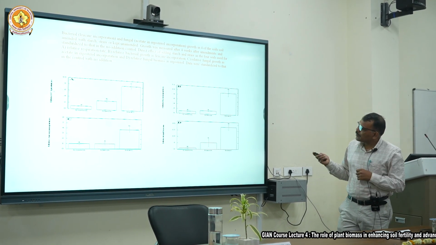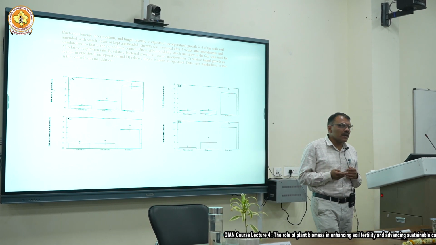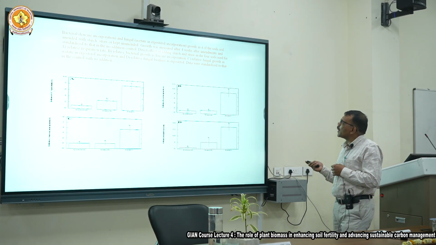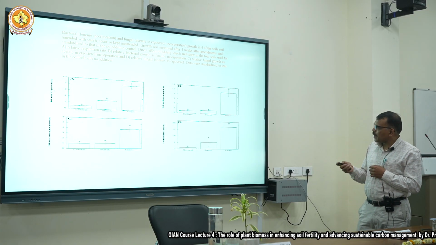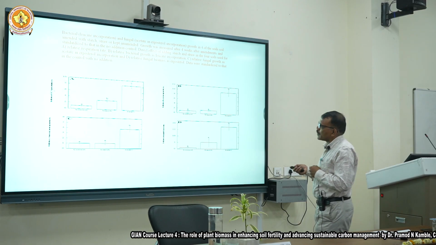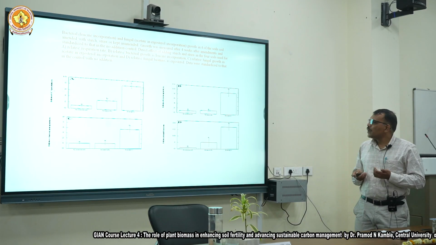Then again, the different kind of impact of straw addition, how it is happening, in the case of fungal growth, in the case of respiration, in the case of bacterial growth, having a different kind of structure. Starch and straw had a very nice impact on growth.